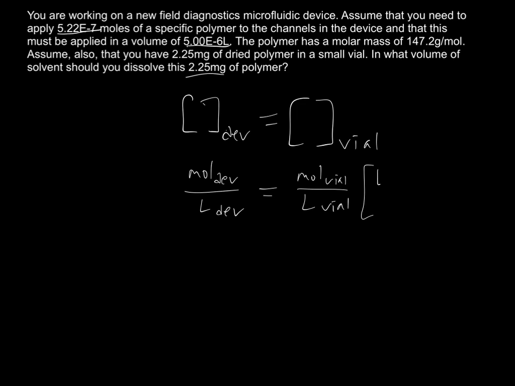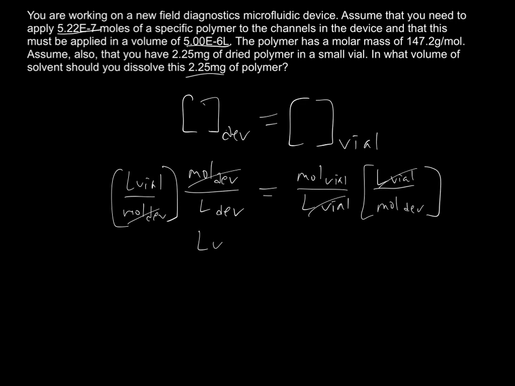By multiplying both sides by liters of solution in vial divided by moles of polymer in device, so that the equation stays equivalent, we can come to the conclusion through some simple mathematical cancellation that liters of solution in vial divided by liters of solution in device is equal to moles of polymer in vial divided by moles of polymer in device.